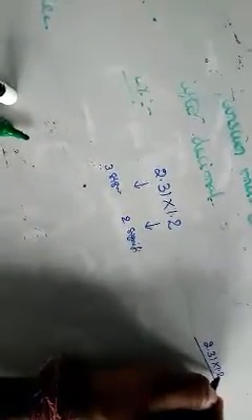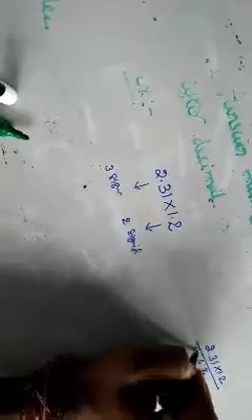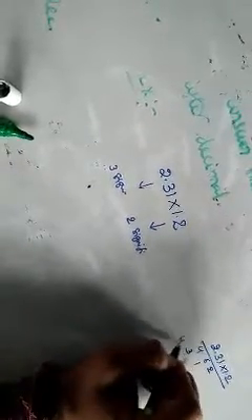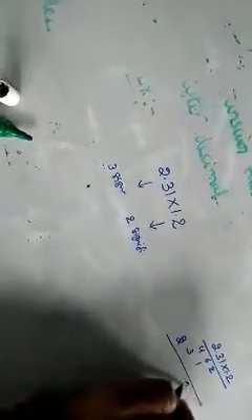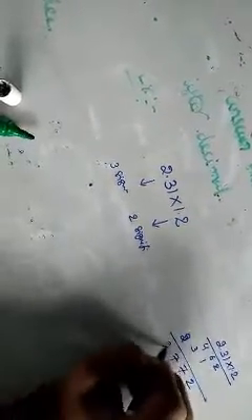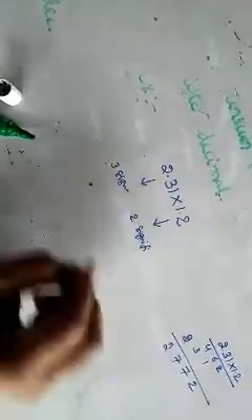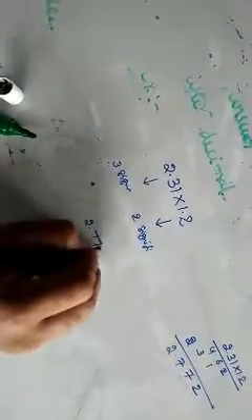So just multiply normally 2.31 into 1.2. So 264, 134, 132. Normally you can multiply. 2772. So this is 2.772. But as per the rule, the answer must consist of least number of significant figures.